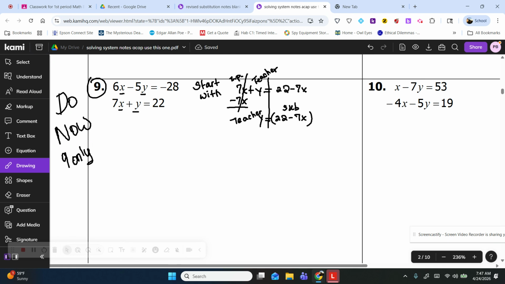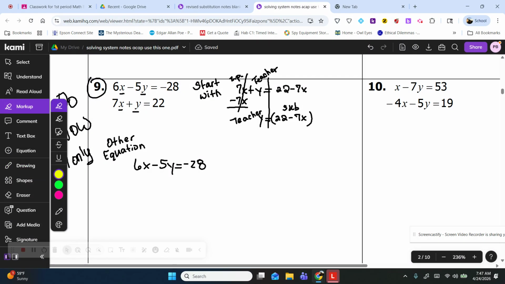The other equation is 6x minus 5y equals -28. What you're going to do now is take the y and send Mrs. Y out.